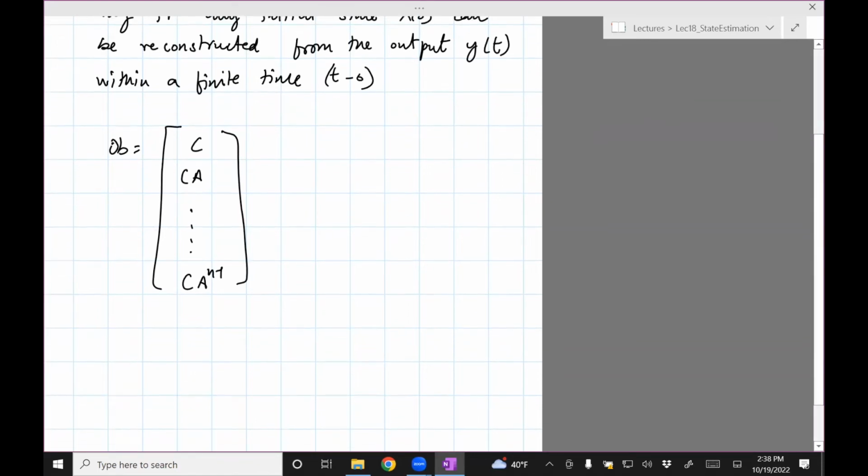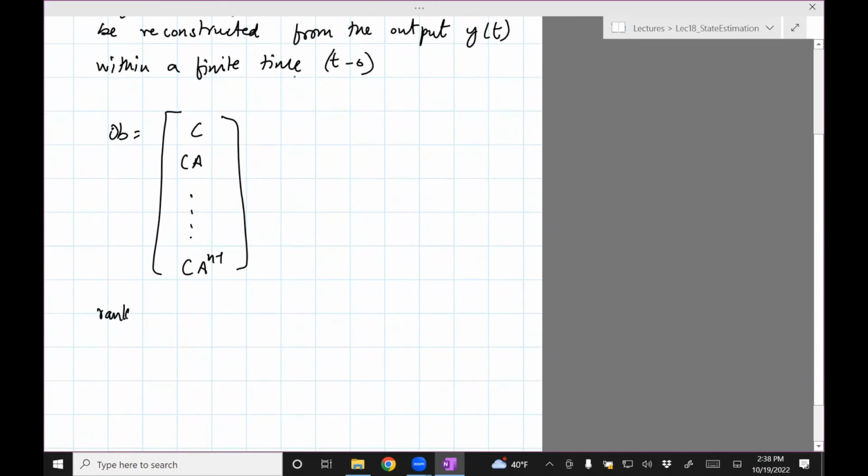So that's the observability matrix. Then you compute the rank of the observability matrix. If the rank is n, the system state, so in this case the system state is 4, then the system is observable.